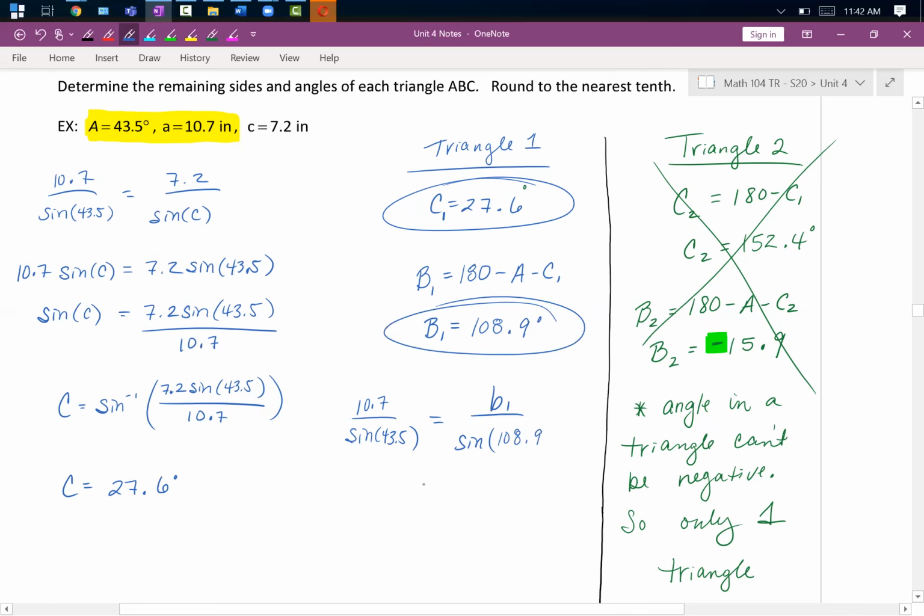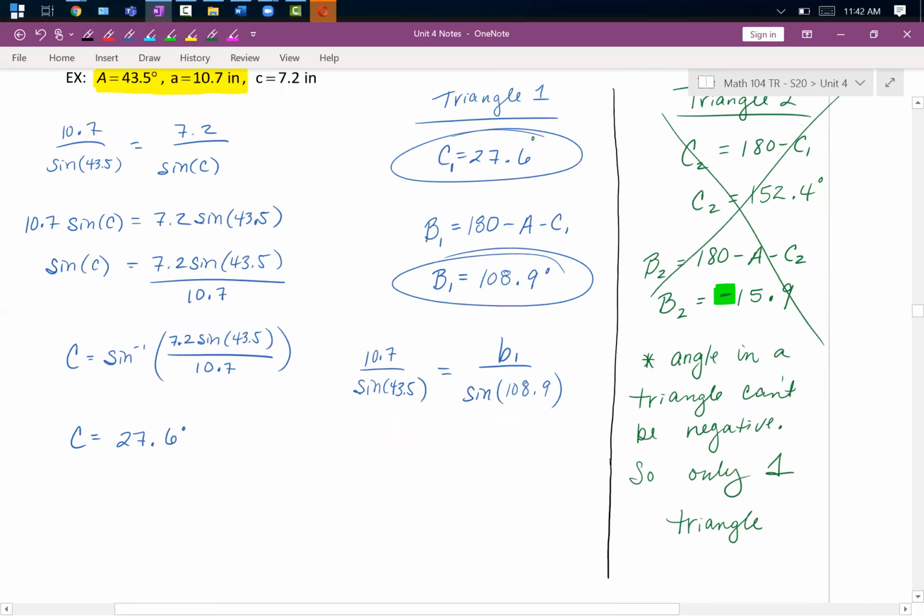To solve for B, all we need to do is multiply both sides by sine of 108.9. We get B to be 10.7 times sine of 108.9 all over sine of 43.5.